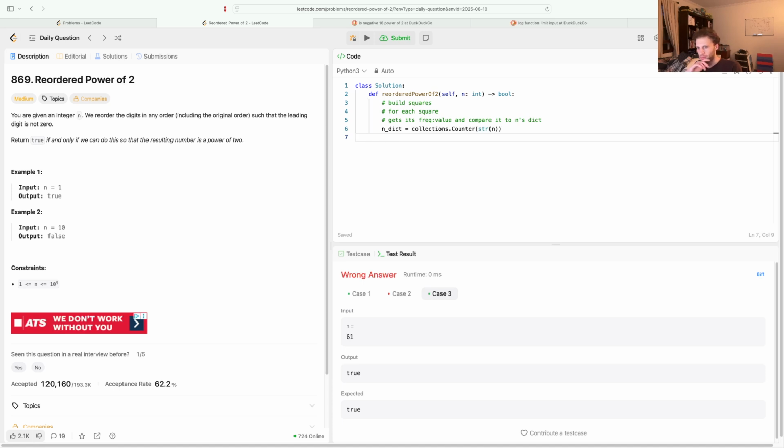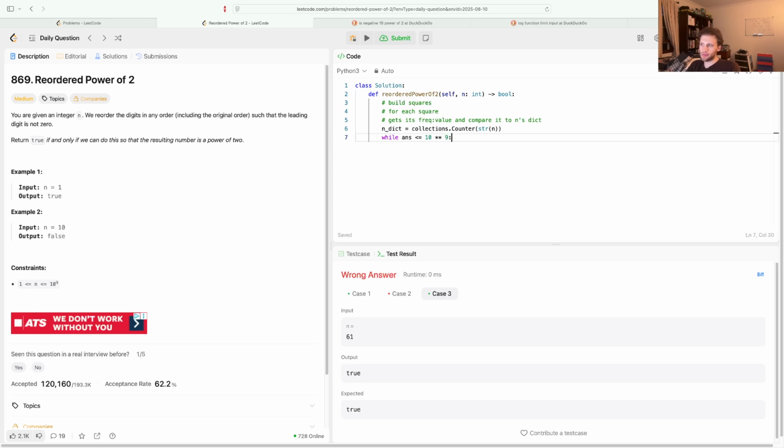I don't know where the bounds will be on this thing. Let's just see, for i in range... Actually, we'll do that.